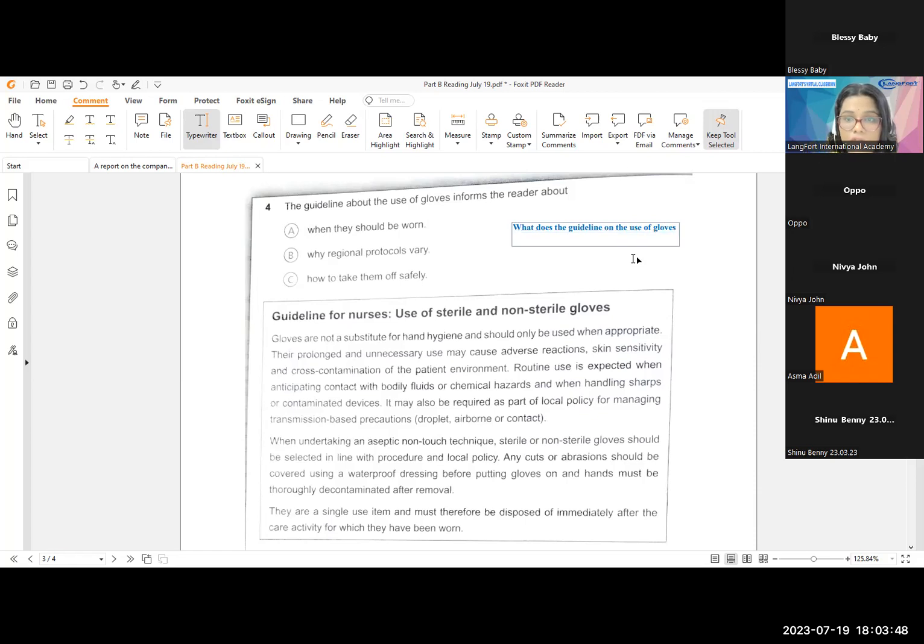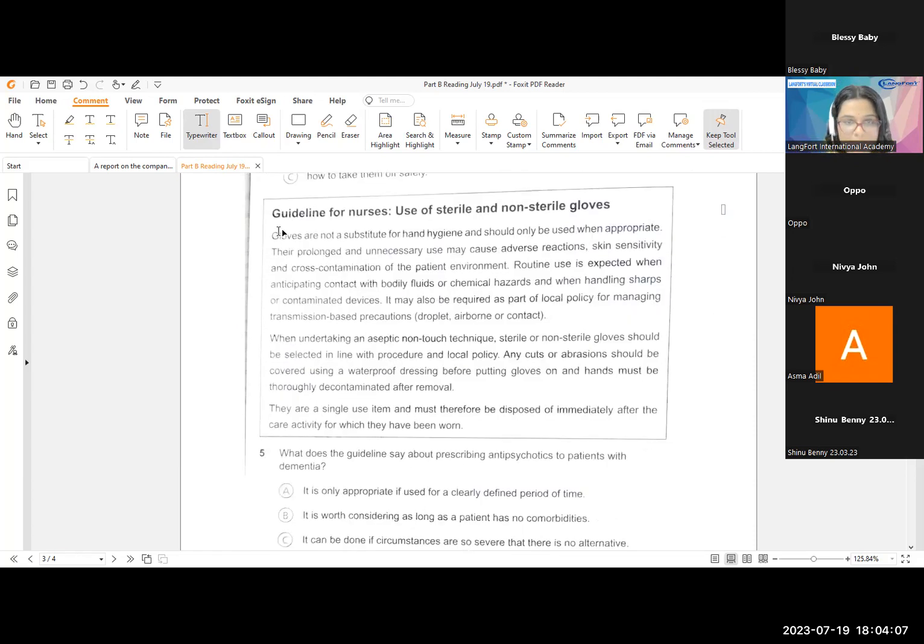So it informs something to the reader. What is it? All of you take a second, go through the question, look at the interpretation. So the guideline that is focused on usage of gloves informs the reader about something. What is that? Okay, all right. So take 55 seconds, go through the extract, all of you.